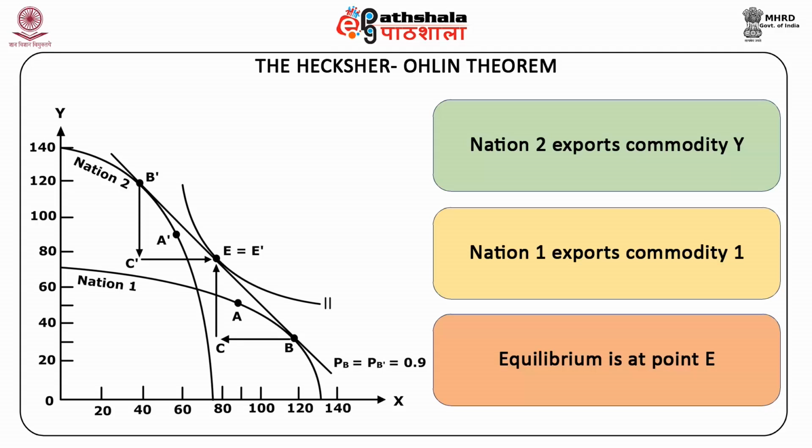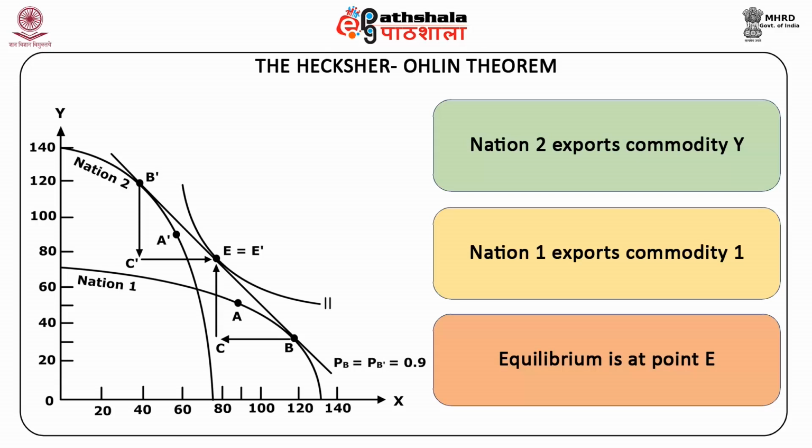At point E, Nation 2 has more of commodity X but less of commodity Y than it had at the previous point, but it still gains because point E is on a higher IC.